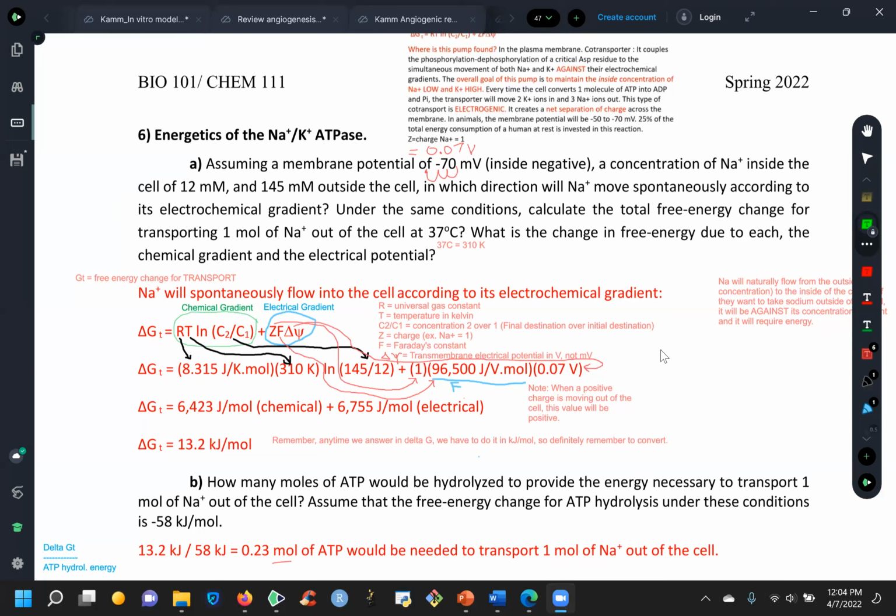But remember, when they ask you for the delta G, it's in kilojoules. So you move it over 3 decimal points and it gives you 13.2 kilojoules per mole. They skipped the rest of that calculation and I didn't do it here.